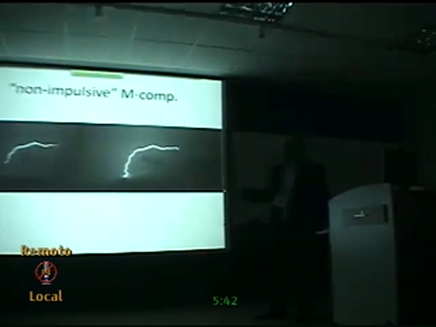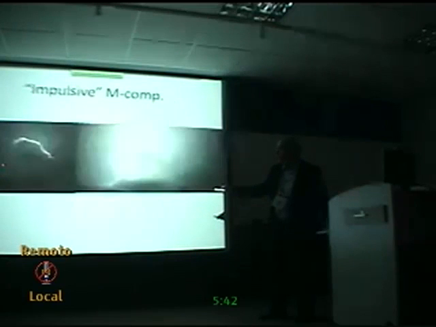The difference is the channel luminosity right before the recoil leader comes down. As you see here, the recoil leader is coming through a channel that is still there, but it's luminous, much more luminous than this one.